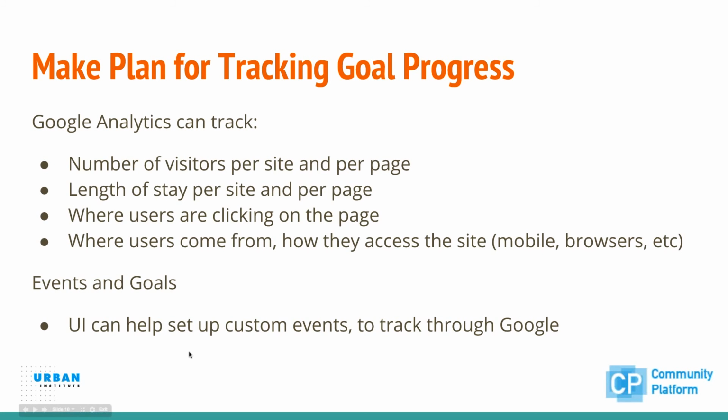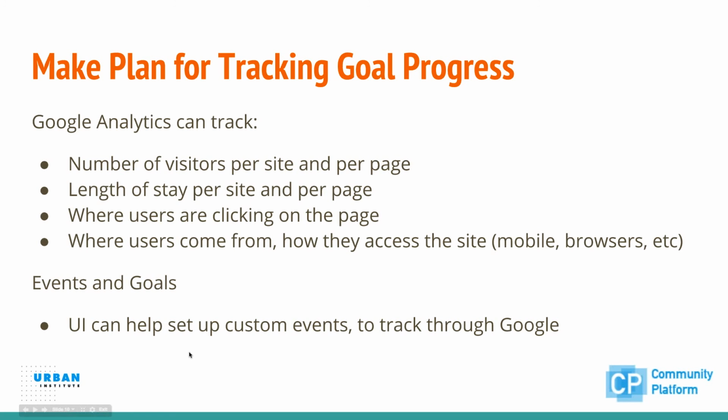And the last thing, and this is sort of an advanced feature of Google Analytics, but it is powerful, is we have the ability to set up custom events. An event is what you call it in Google Analytics when a user does something specific. By default, Google Analytics will track when someone lands on a page, but there are a lot of things that people do on the page.